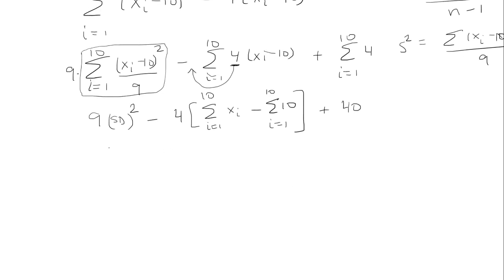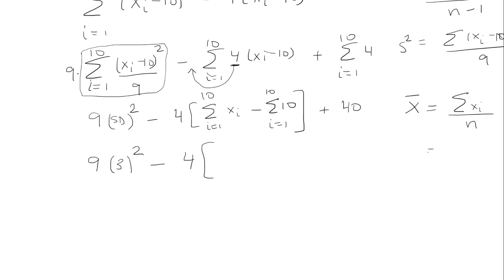Okay, so that's the value of that sum. Now we look at the standard deviation, and the standard deviation was 3, so it's 9 times 3 squared, minus 4. Now, the sum of xi, well, we're given that the mean is 10, but that's really the sum of all the xi's over 10, right?